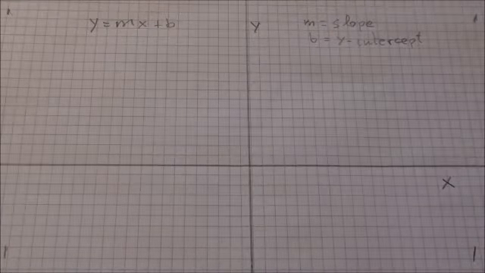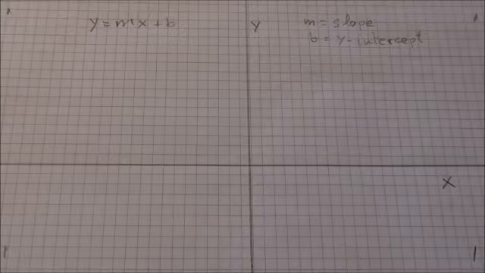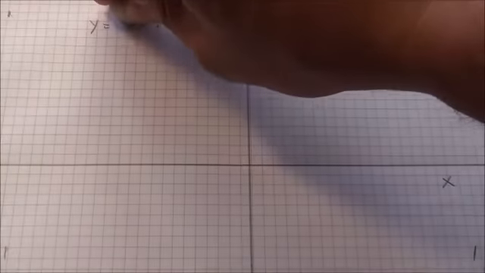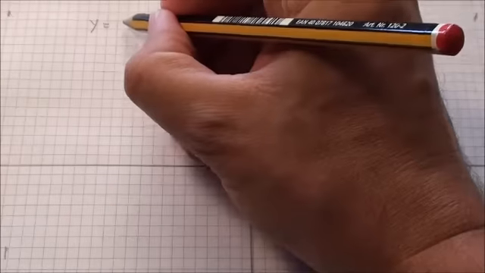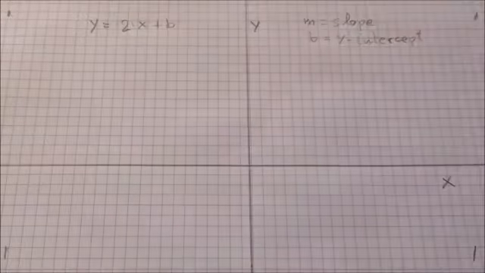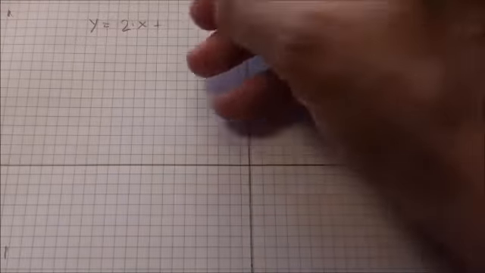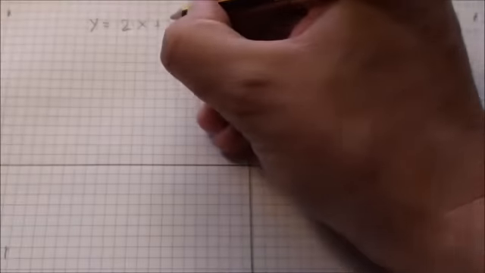Okay, so let's assign values to m and b and see which function comes up. Let's say that m is 2 and b will be 3.